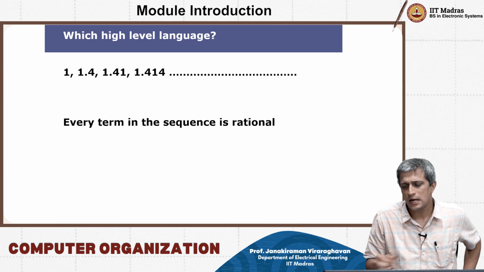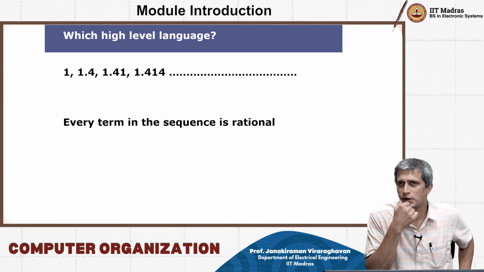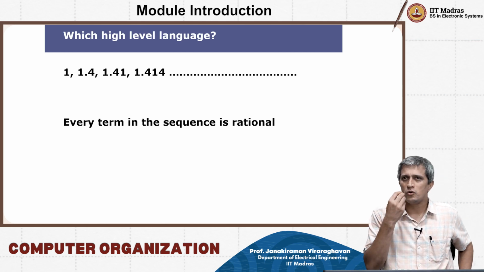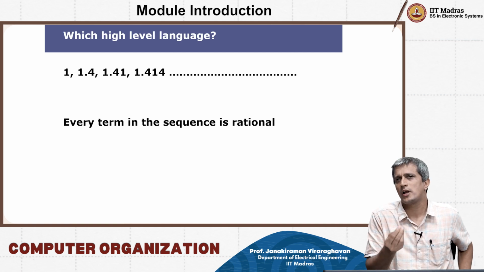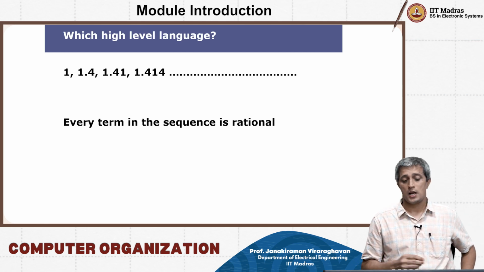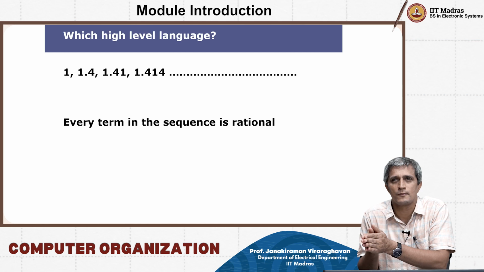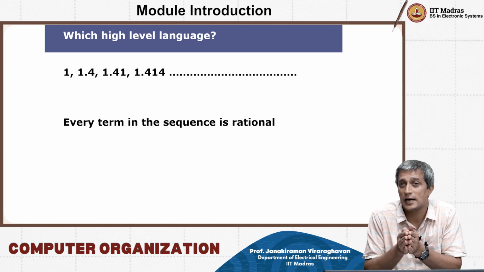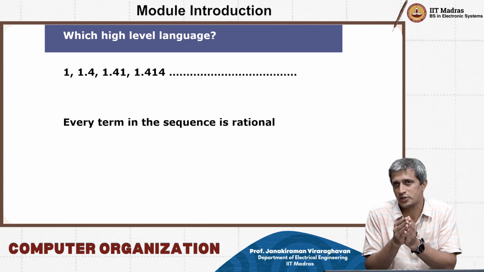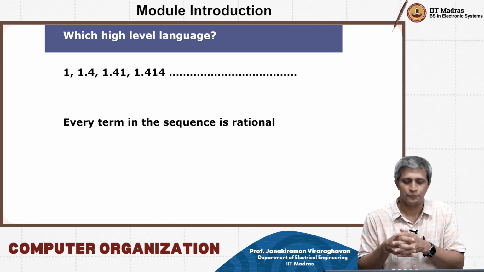And if you remember from earlier mathematics, you will realize that this sequence actually converges to what is known as root 2, okay? By the way, you might be wondering why I'm talking about mathematics all of a sudden, but you will see very soon why I'm bringing out this analogy.